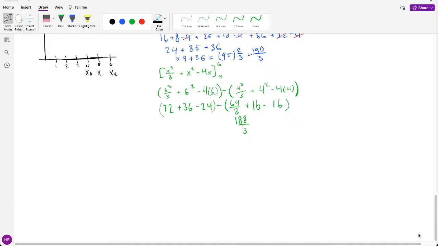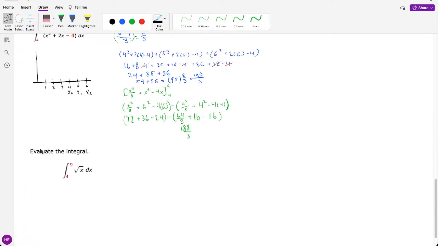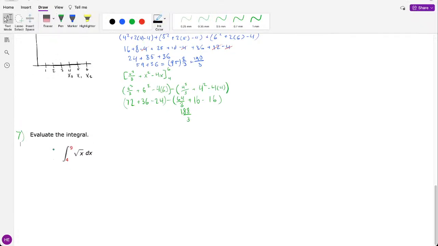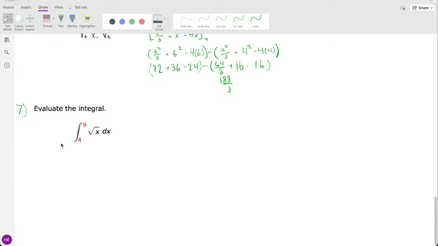Okay, the next question is similar. Just says evaluate the integral. So, this is problem 7. Remember, we're going to 10 in this live stream, I guess. Dang, I feel stupid.